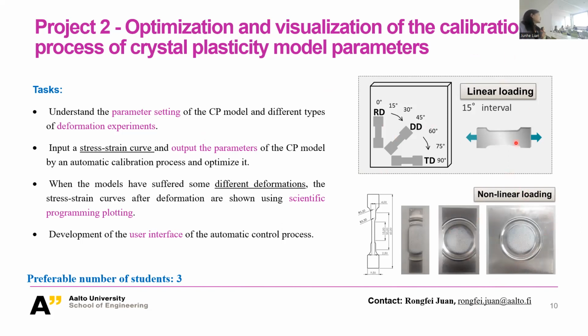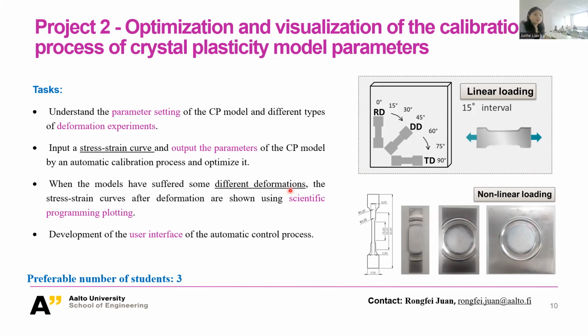This one is linear loading, and we get 7 degrees interval to do the tensile test in 7 directions. And for this one, we have 3 types of loading conditions: nonlinear loading, deformation.